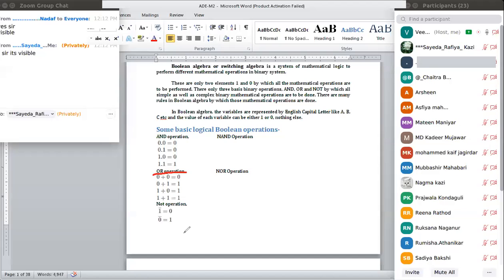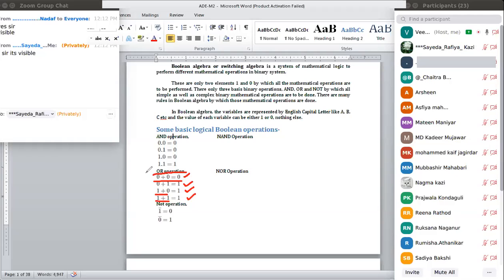So the output of this function is: 0 plus 0 is 0, 0 plus 1 is 1, 1 plus 0 is again 1, and 1 plus 1 is always 1, right? There is no 2, because 1 plus 1 is 2 in decimal, but in binary we don't have the number 2. We would have to represent it by 1 0, but this is a logic function, so 1 plus 1 is equal to 1.